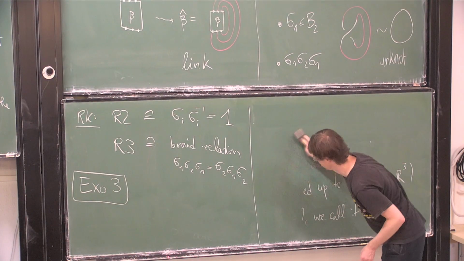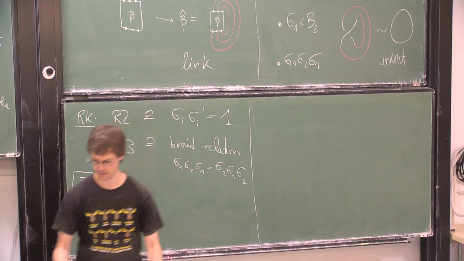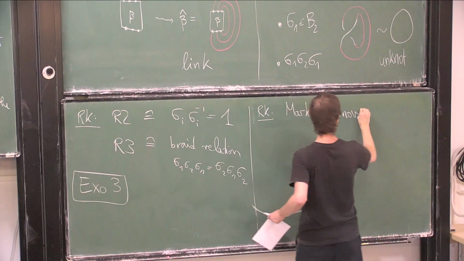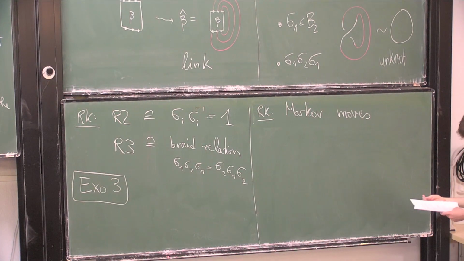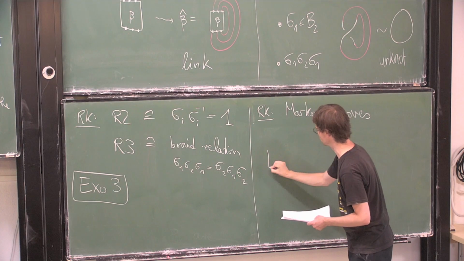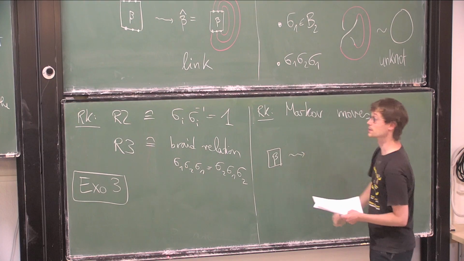Markov moves, they look like the following. So there's M1 and M2, that's just the pictures. So M1 looks as follows. You have your braid, beta, and you replace it.